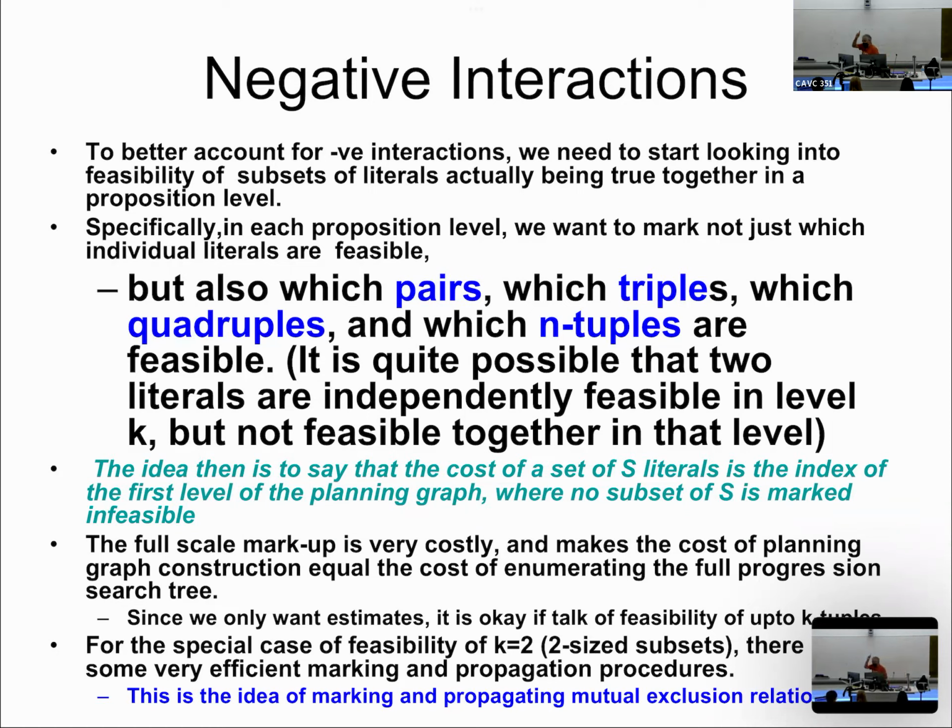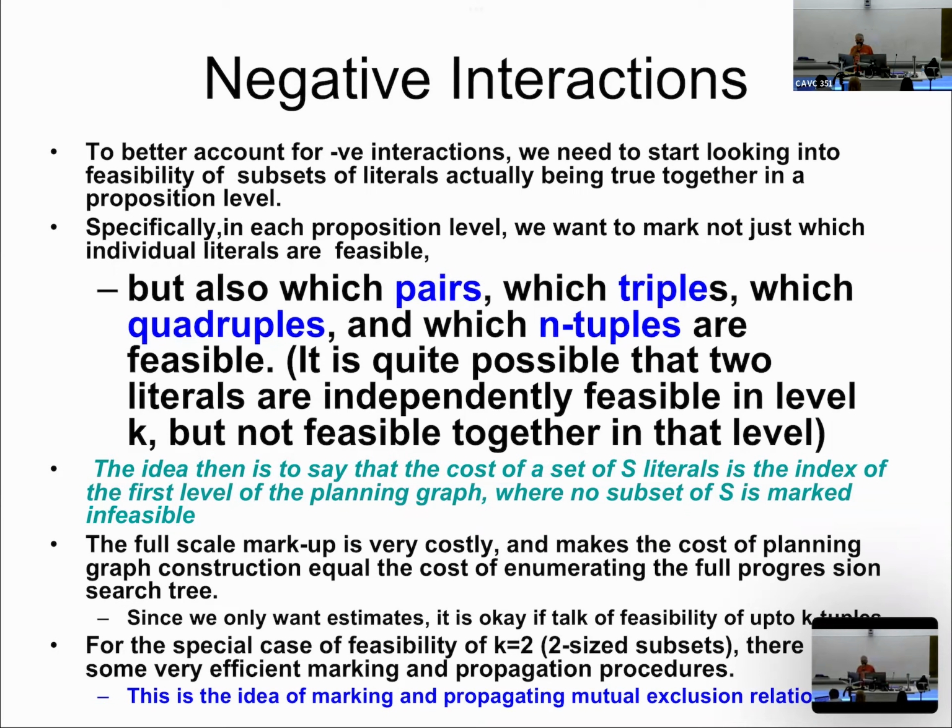If any pair of those actions can live together, then G1, G2 are not mutually exclusive. Only if every pair is mutually exclusive are G1, G2 mutually exclusive. And while you are propagating the planning graph, you propagate the mutual exclusion relations.